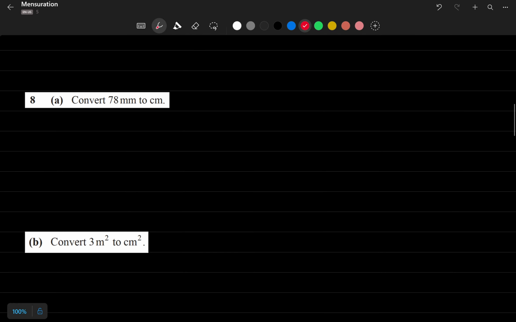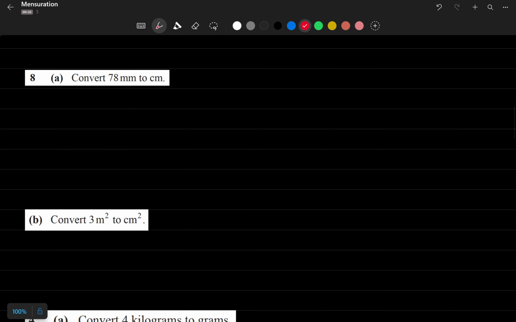Moving on, the question says convert 78 millimeters to centimeters. Now you have to know that 10 millimeters is equal to 1 centimeter. So 78 millimeters will be equal to, let's say, x centimeters.